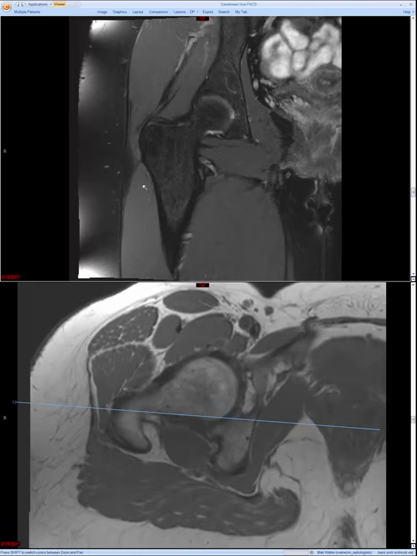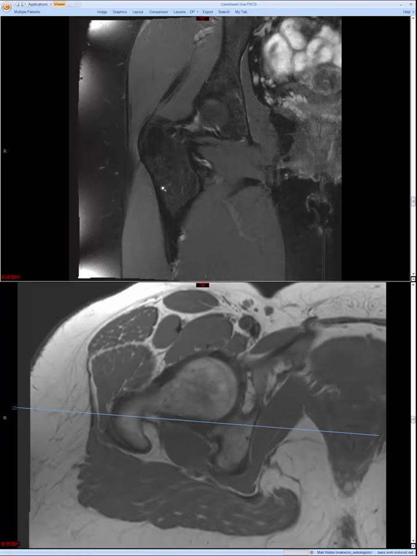Keep in mind too that you can also have calcific tendinitis or calcific tendinosis of the gluteal tendons, just like you may in the shoulder. There are actually a lot of parallels between the gluteal tendons and the rotator cuff tendons, and indeed some have likened the gluteal tendons to the rotator cuff of the hip.